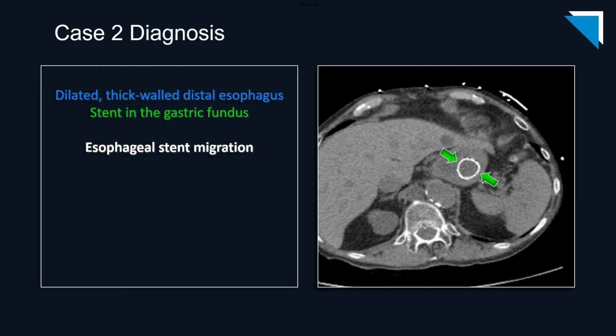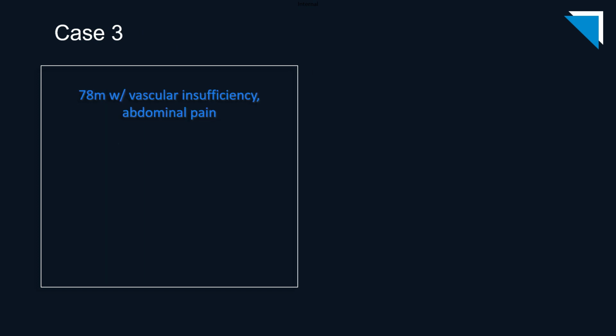So this is an example of esophageal stent migration, which demonstrates the importance of always reviewing any prior imaging that's available. Our next patient is a 78-year-old man with vascular insufficiency and abdominal pain.